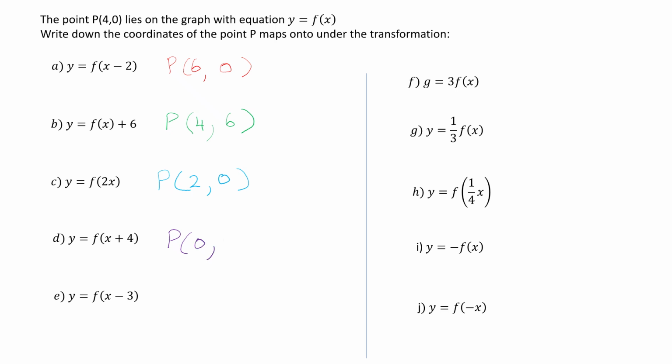Y coordinate still remains the same. So the next one, y equals f of x minus 3. So the constant is inside the bracket. So the coordinate x is going to change. So the opposite, plus 3. So 4 plus 3, 7. Y coordinate is not changed.